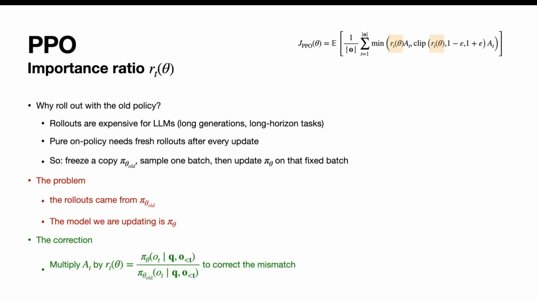This ratio compares how likely the sampled token is under the current policy versus under the old policy. Multiplying by this ratio corrects the mismatch between the policy that generated the rollouts and the policy being updated. But we don't want this ratio to become too large or too small. That is why PPO introduces clipping.